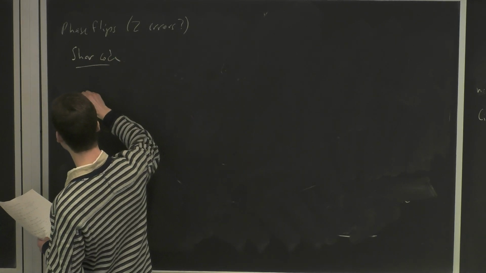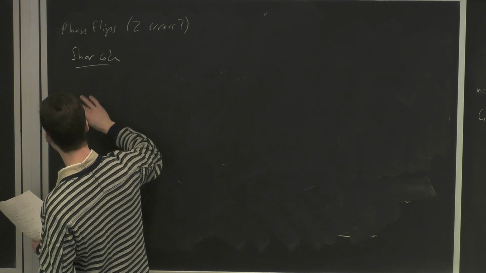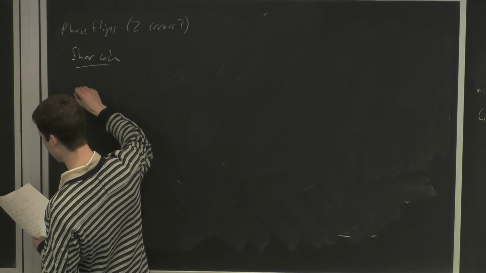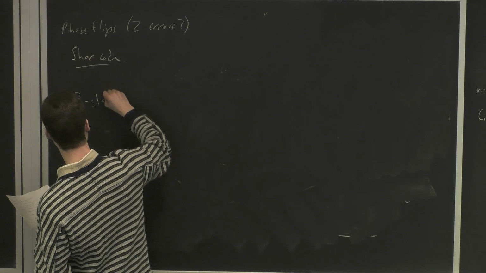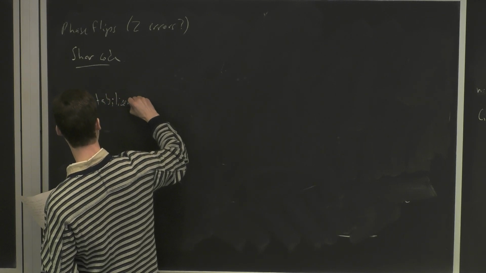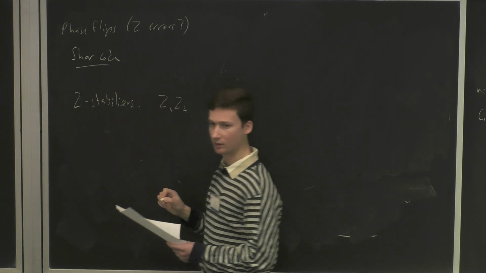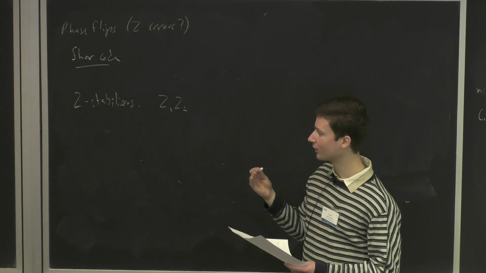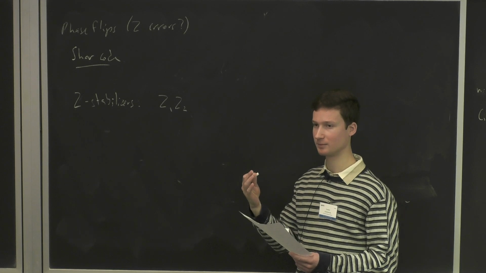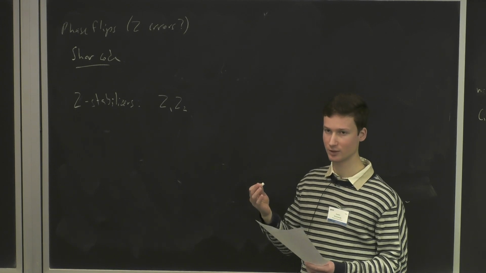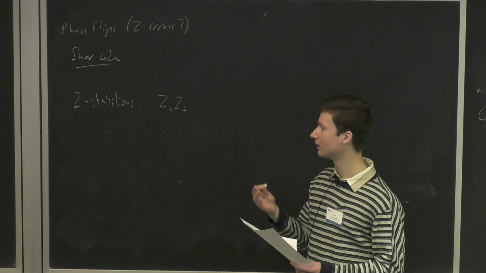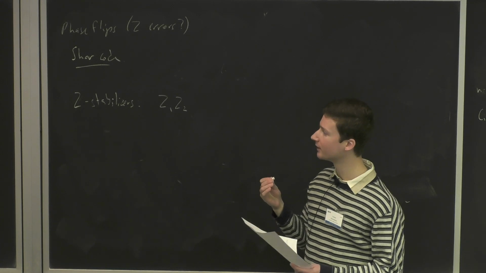And I think we saw earlier that one of the Z stabilizers will be Z1, Z2. And in fact, if we recall from the Shor code, the final step in creating a Shor code state was to perform an encoding into 3 copies of a classical repetition code.